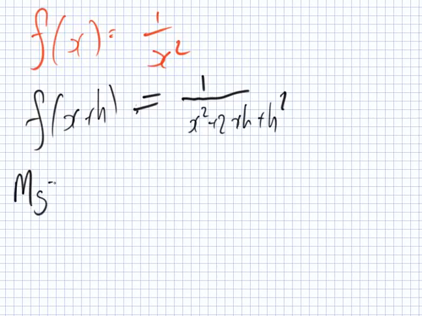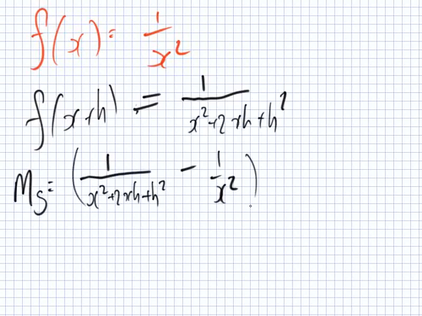Slope of secant is 1 over x squared plus 2xh plus h squared, minus 1 over x squared, and rather than writing a big fraction, I'll just write here divide h, rather than writing all over h. It's just more convenient. Again, there are 2 fractions here.